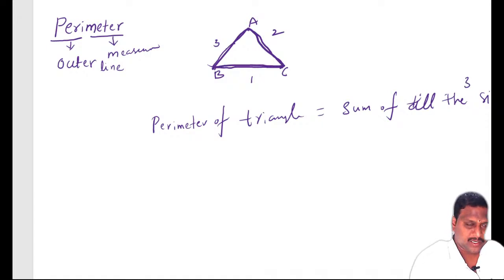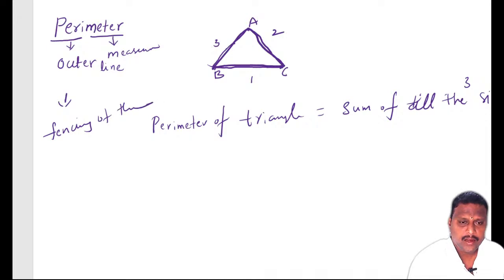Whatever the triangle may be, equilateral triangle, scalene triangle, whatever it may be. Okay, got it? What is meant by perimeter? It is outer line measurement. In this, we get problems like fencing of the field, running around the park, rolling.